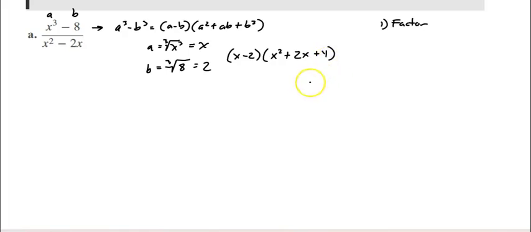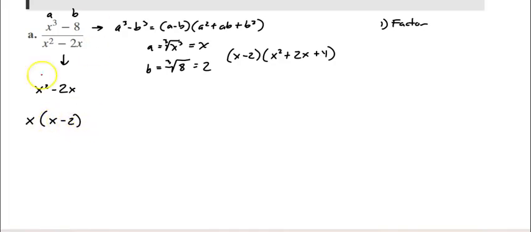Well, that is now our numerator. Now we need to come over here and factor the denominator. Notice we have x squared minus 2x. This one is not a special case, but we can factor out a GCF, which is x, and that turns the rest into x minus 2.